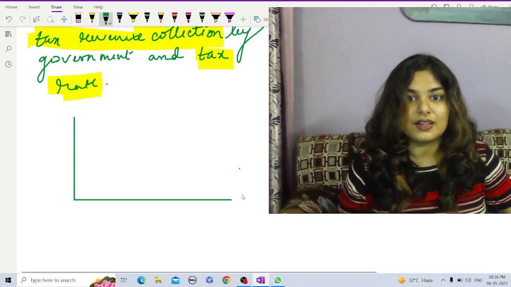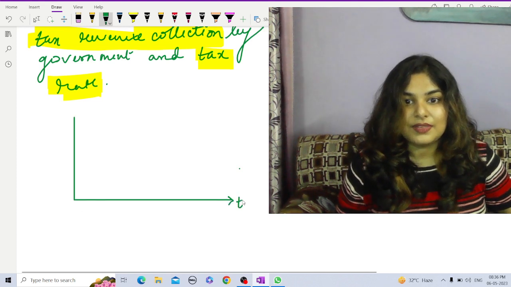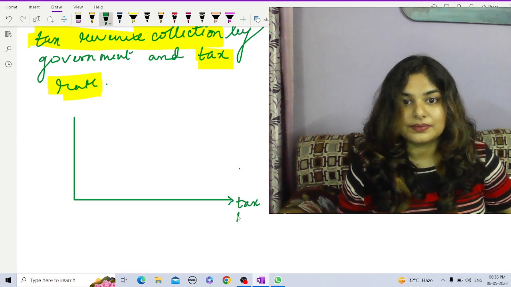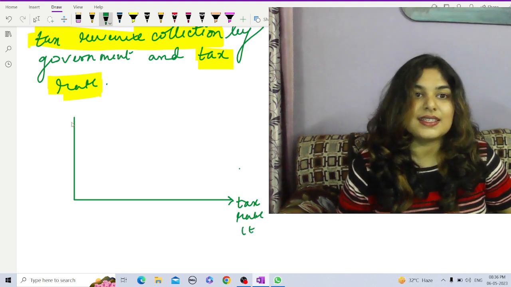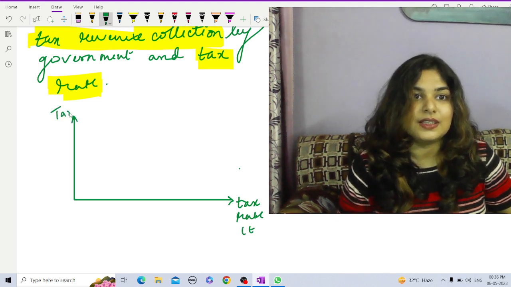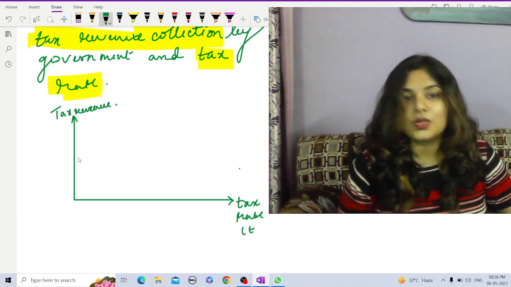In this diagram we measure tax rate T on the horizontal axis and tax revenue collected by the government on the vertical axis.